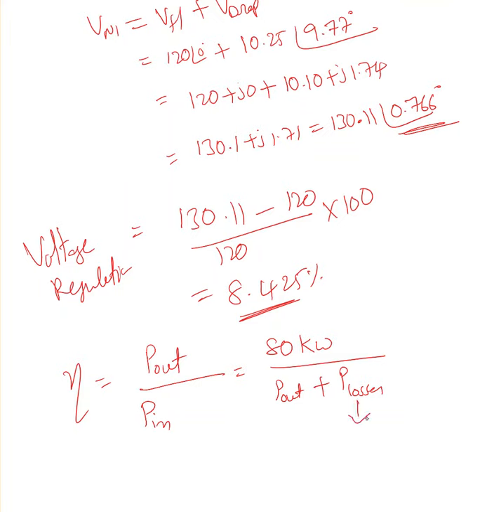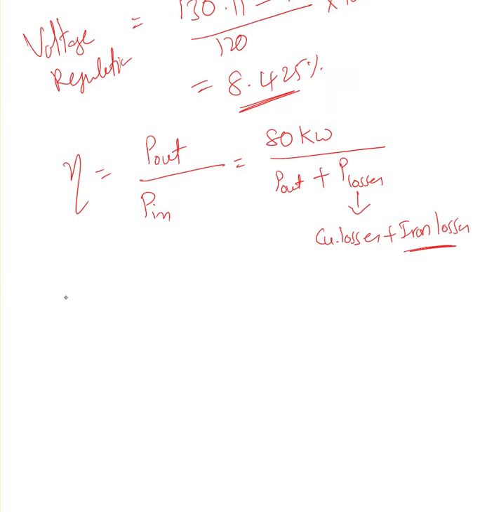So these losses are going to have Cu losses, which are copper, plus iron losses. Most of the time the iron losses they will provide, but we can calculate the copper losses. Copper losses are nothing but the losses happening in the windings.